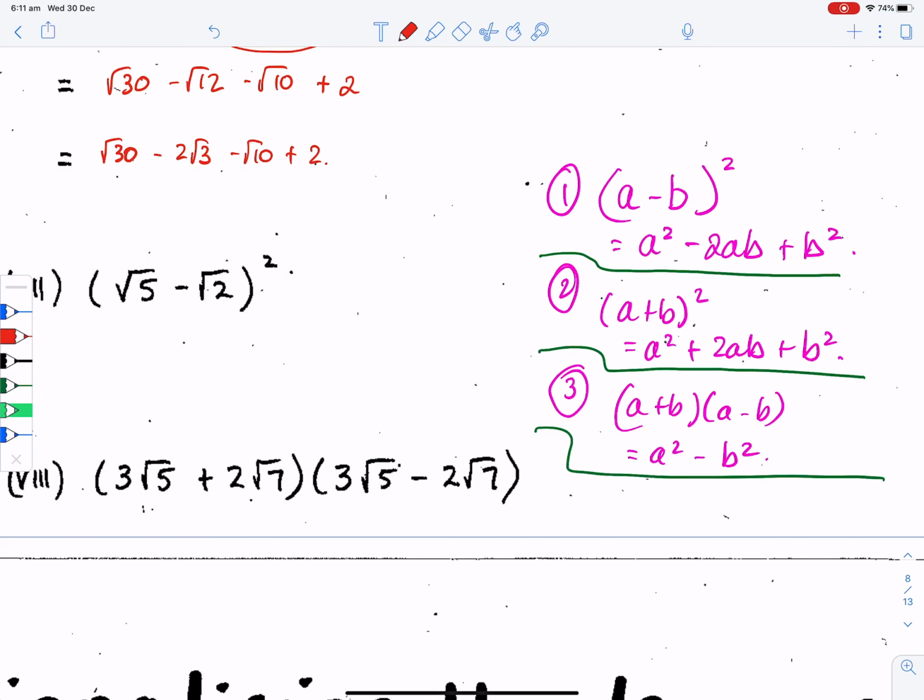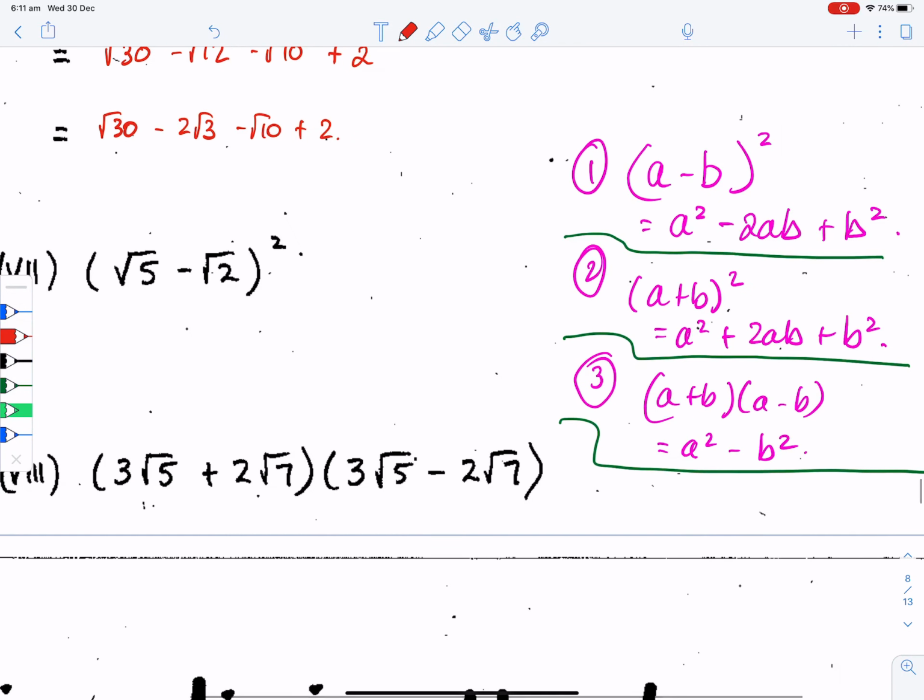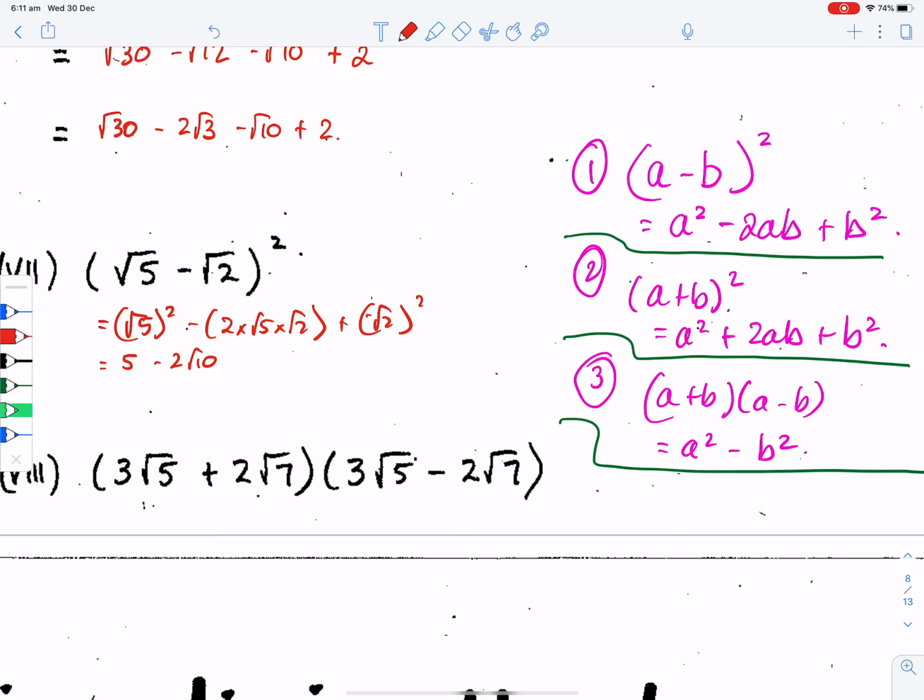All right, so now applying rule number 1 to this question. So it's going to be the first one squared minus 2 times the first times the second plus the second one squared, which is going to be 5 minus 2 root 10 plus 2, which is 7 minus 2 root 10.